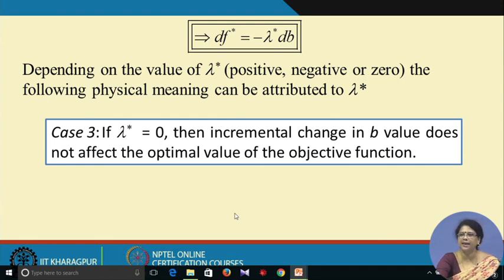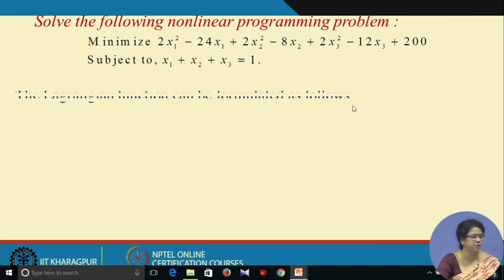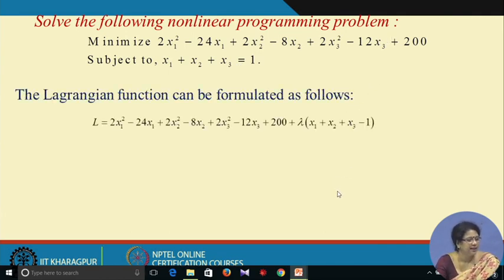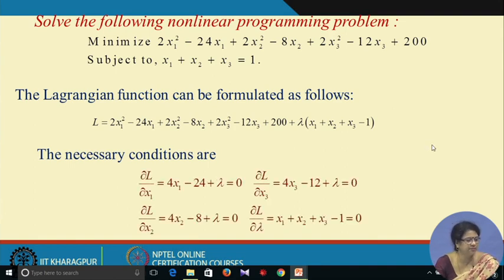Now, I am applying the Lagrange multiplier technique to a problem where we have an equality type of constraint and several decision variables. This is of minimization type, and this is the necessary condition for it.